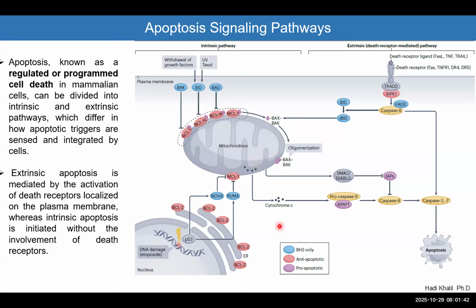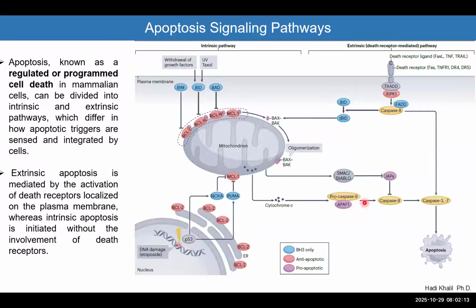The other factors are cytochrome C and SMAC. These are two different proteins that are released from the mitochondria during cell death. What happens when those, normally in the mitochondria, are released into the cytoplasm? They will be recognized by procaspase 9. Together they will form what we call the apoptosome.